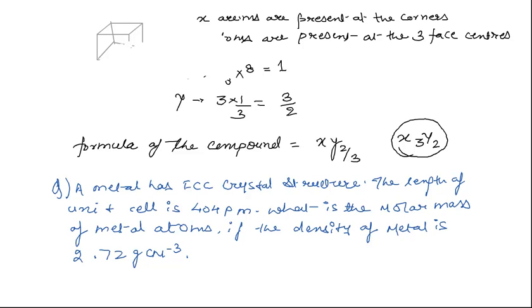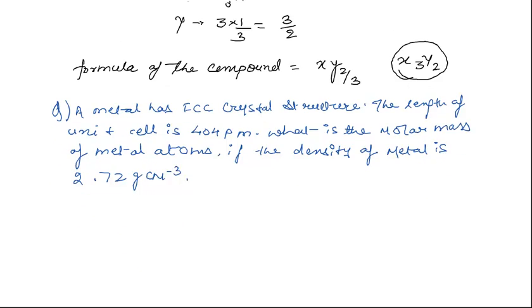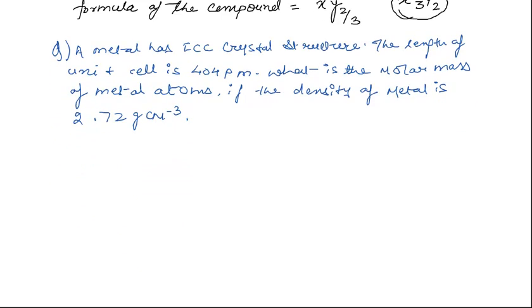What is the formula? Our formula goes like: density is equal to Z, that is the number of particles, multiplied by the mass of one atom of the given element, divided by the Avogadro number multiplied by a cube.